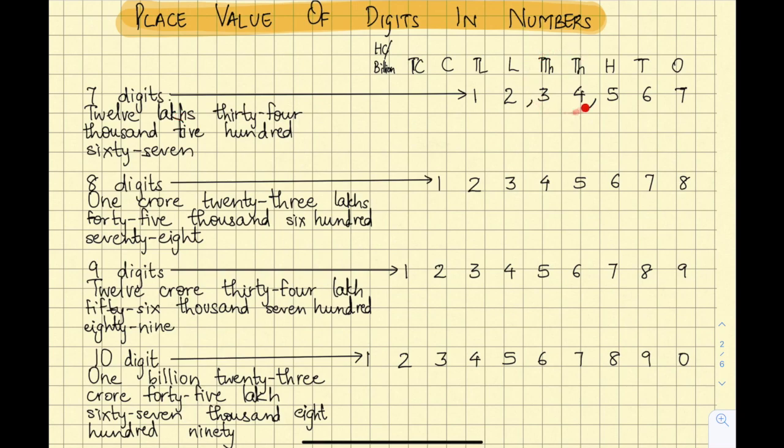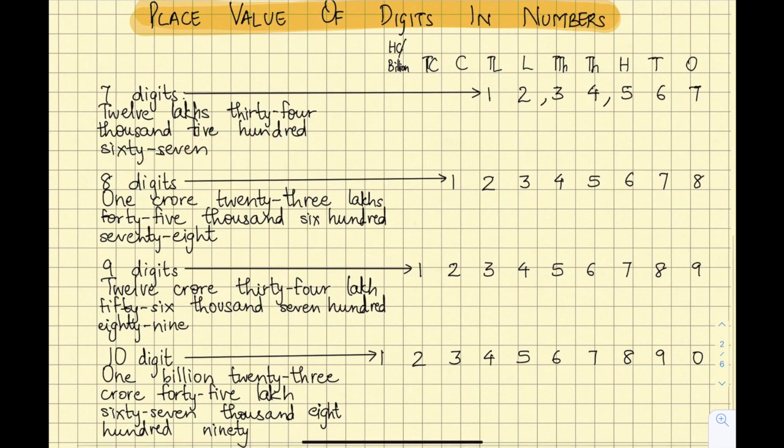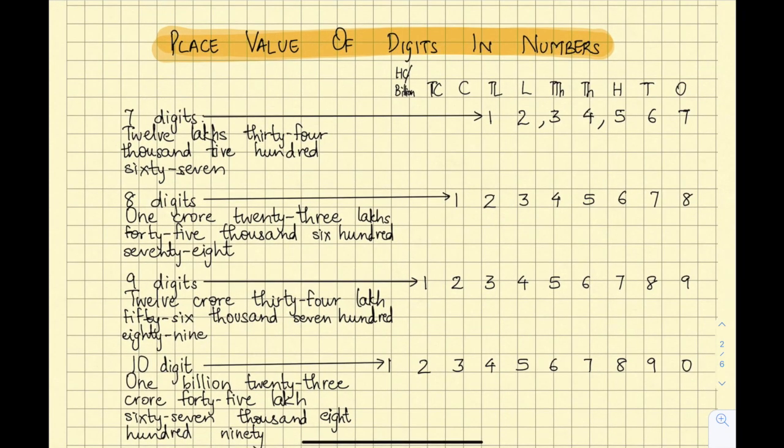In place of thousands we have 3 and 4. 3 tens are 30 and 4, so 34,000. In place of hundreds we have 5 hundreds, 6 in place of tens, so 6 tens is 60, and ones place is 7. So 7 ones is 7. So we write it as 567. So the whole number is 12,34,567.